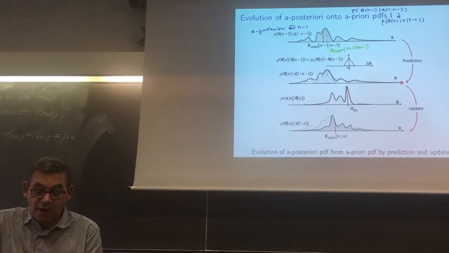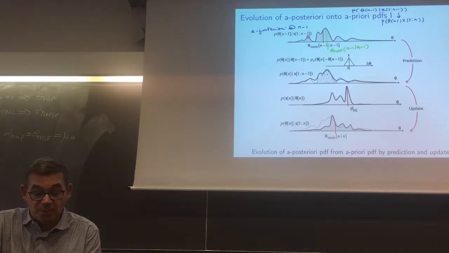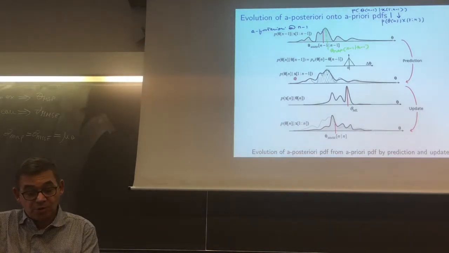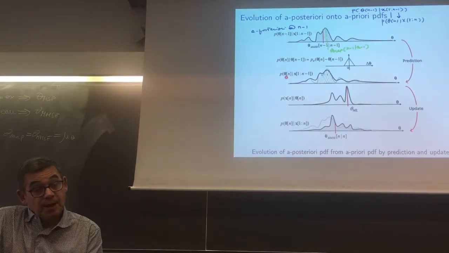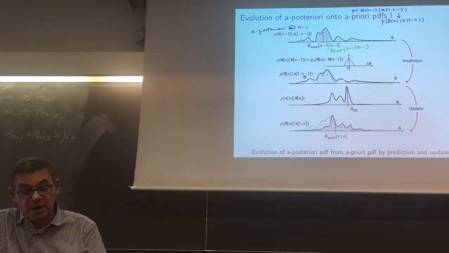So since I know this probability density function, I try to predict, that's why it's called prediction, I try to predict the distribution, the probability density function of theta at time n, by using all the data up to n-1.